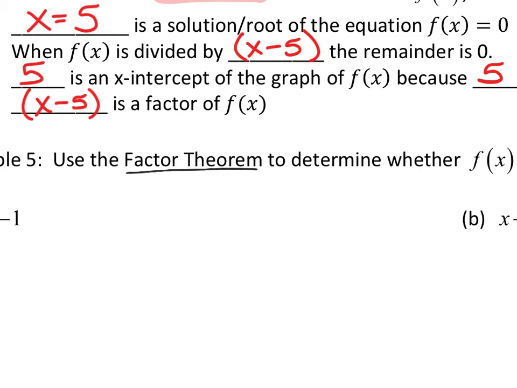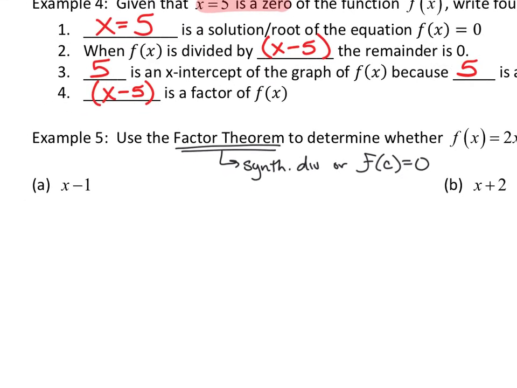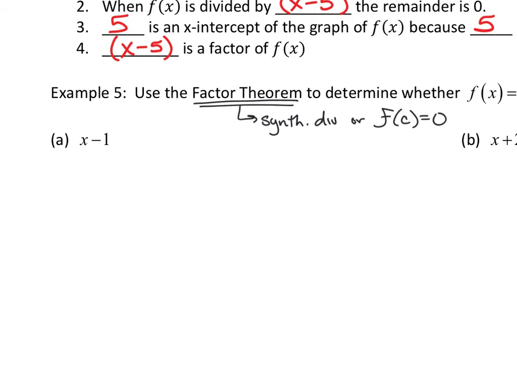But the factor theorem means that if I synthetically divide or I use the remainder theorem and I get 0 as my remainder, then they are factors. So we want to see, is x minus 1 a factor of this big polynomial? The first thing we're going to do is synthetic division so you can see what that looks like, so you can make your own choice later.